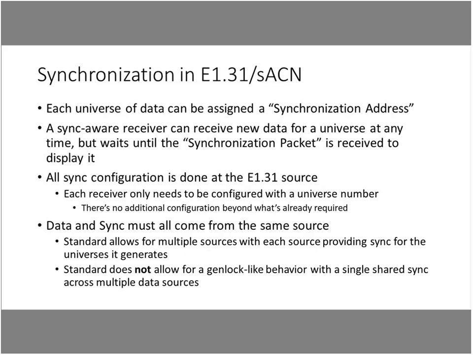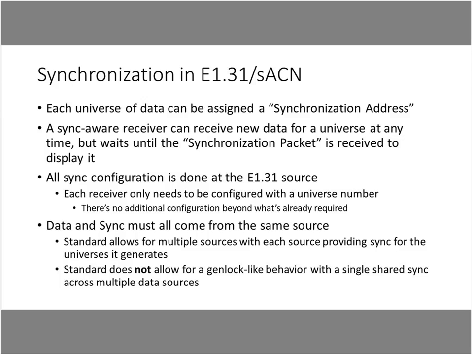So in E1.31 Streaming ACN, each universe of data can be assigned a synchronization address. And a sync-aware receiver waits, it gets data when it gets it, but it waits to present that data, to act upon it, until it gets a synchronization packet. One of the key things here is that this is all internal to the protocol.